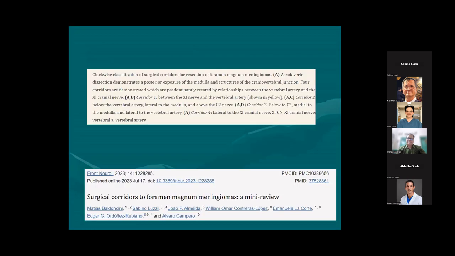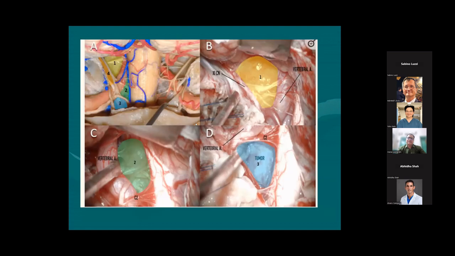Now, the best approach can be decided by visualizing the scan. If one does a midline posterior fossa suboccipital craniectomy and the tumor is seen on the surface, there are different corridors.